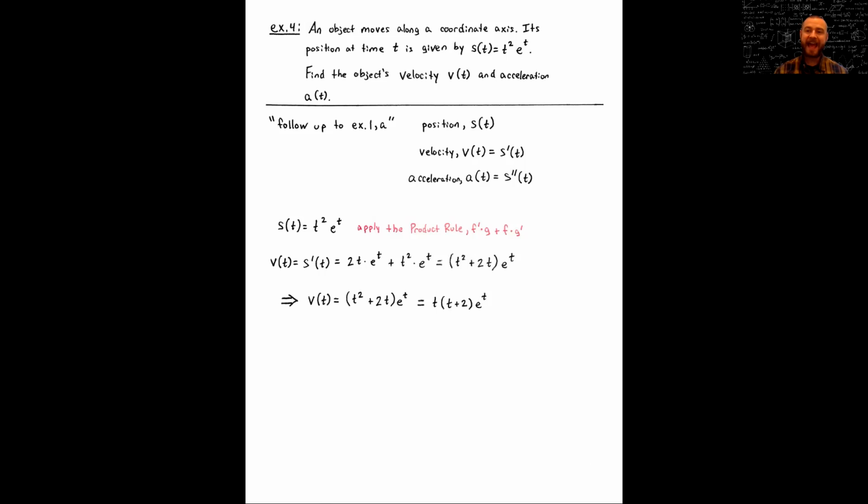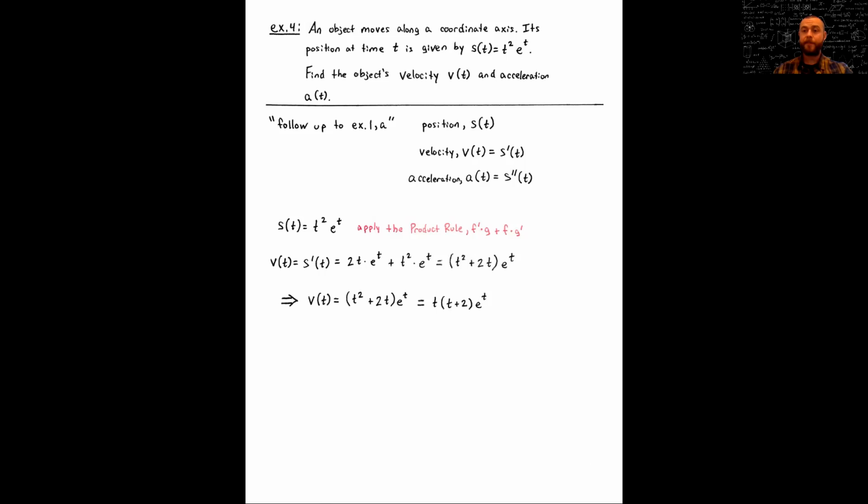We only have the exponential factor factored out, e to the t. And it's that first version there with only the exponential factor pulled out that I'm going to advocate is better for calculating a second order derivative. Now, it is mathematically correct. You can see within the parentheses, you can still factor out an additional factor of t, which is the fully simplified version there, t times t plus 2 times e to the t.